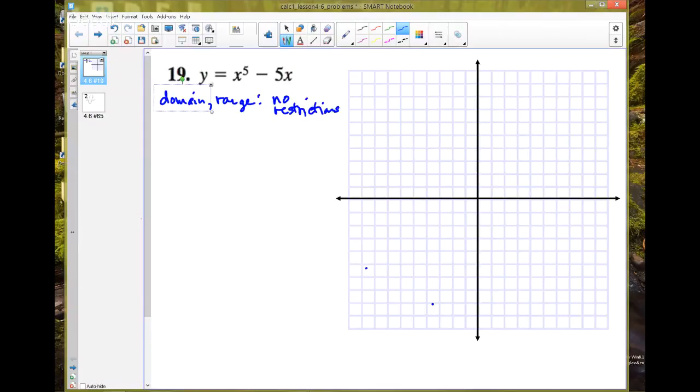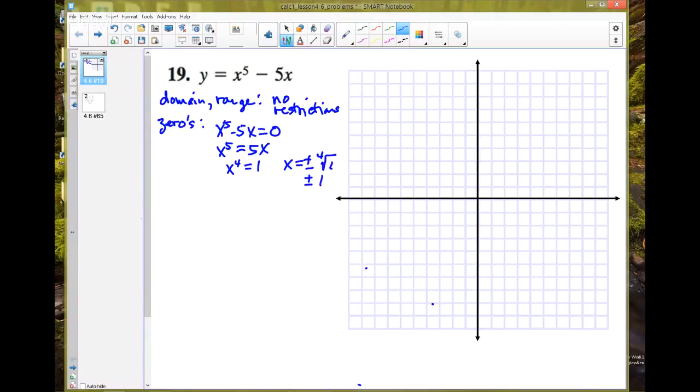Something else that's very important are the zeros of the function. So if you take this and set it equal to 0, x to the 5th minus 5x equals 0, you can see pretty quickly that we divide both sides by x. So x has to be equal to plus or minus the 4th root of 1.